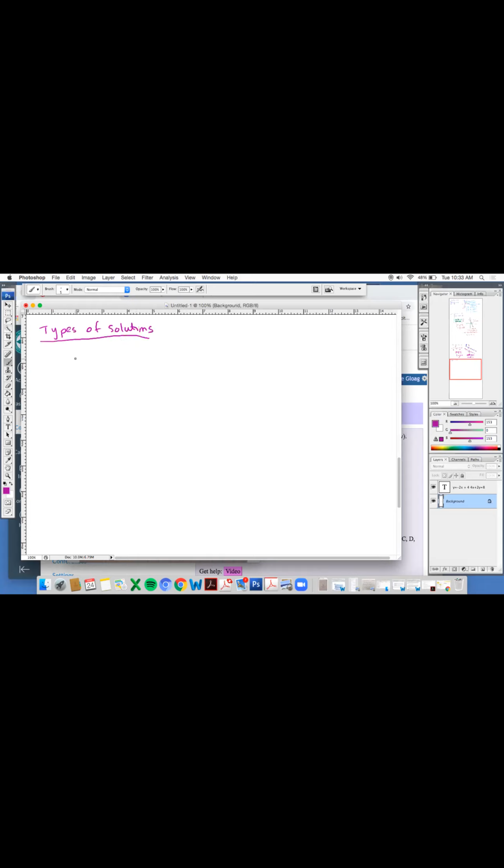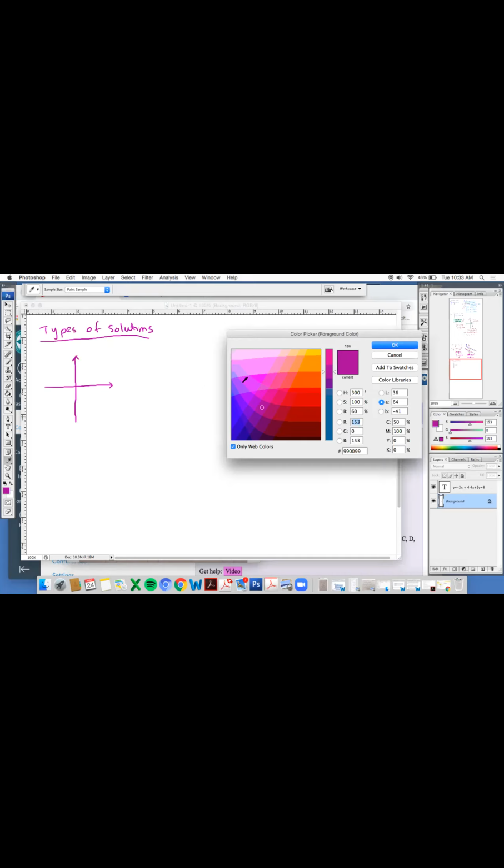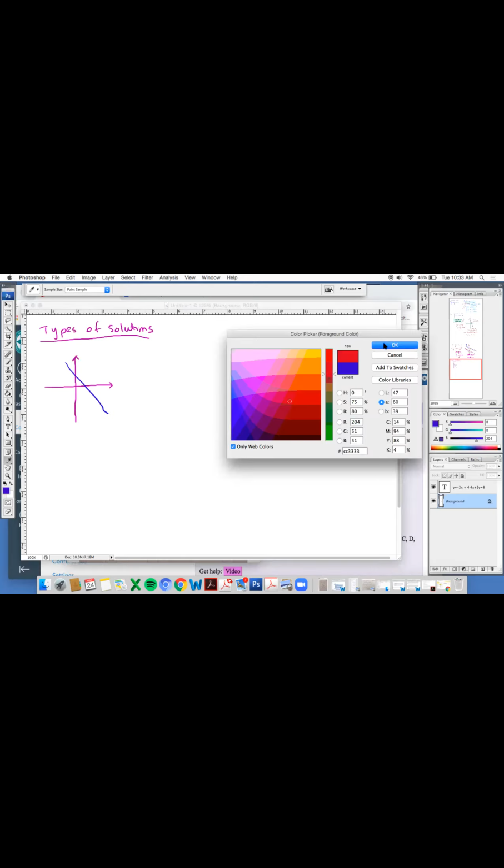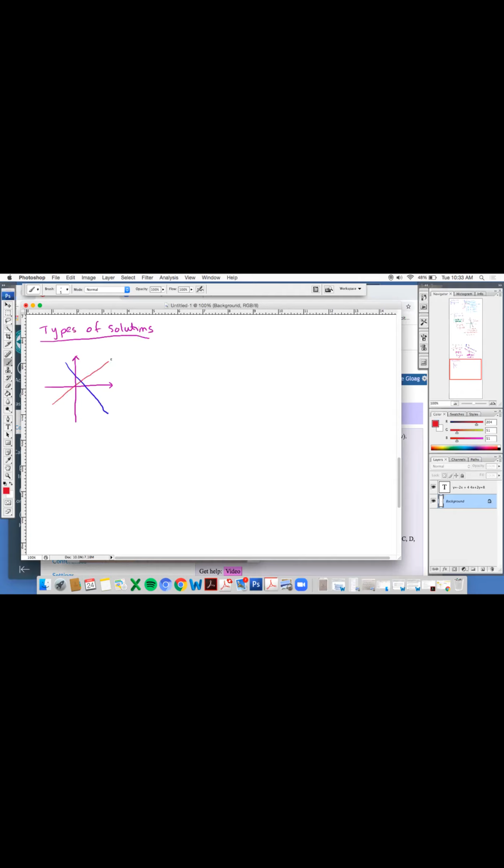The first type we saw: I have the first line and I have another line, and they cross, and at this x, y coordinate we get 1 solution.